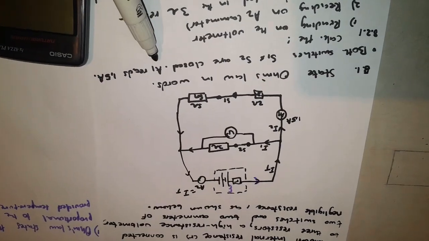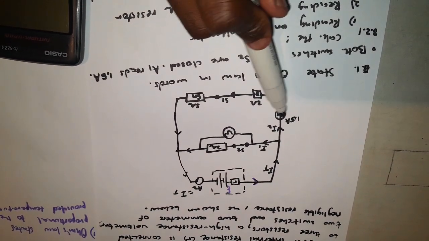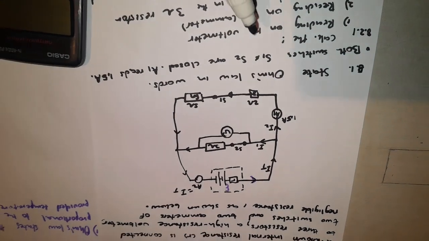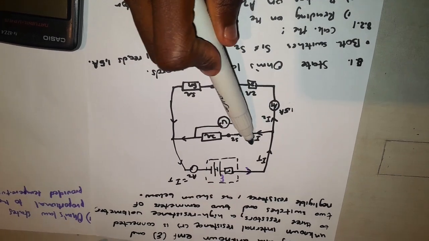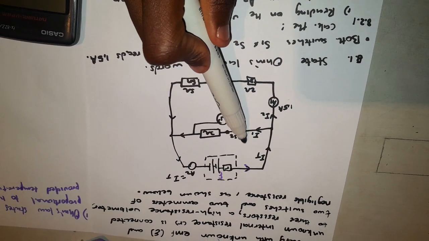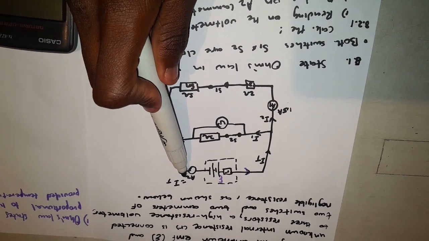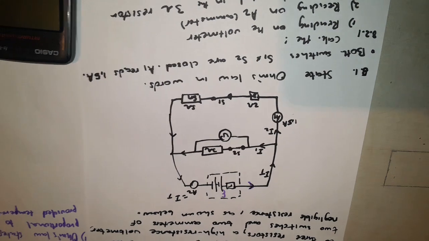A1 reads 1.5 amperes. If this one reads 1.5, this one may read, let's say, X, and this total one will read X plus this.